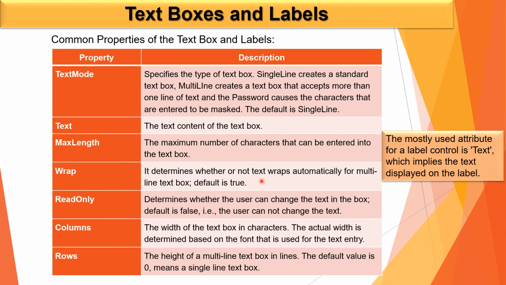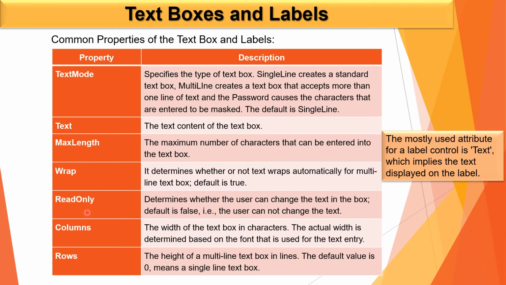It will determine whether or not text wraps automatically for a multiple line text box. The default is true, so wrapping will be done. Wrapping means the next text typed by the user will appear at the next line.